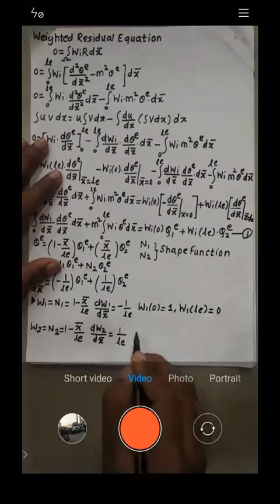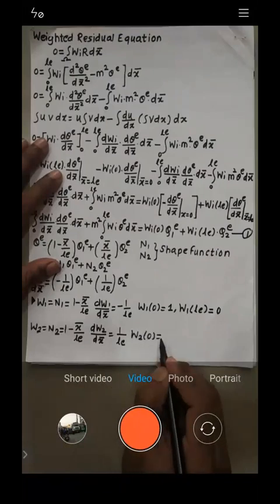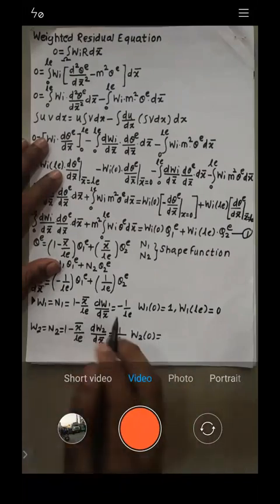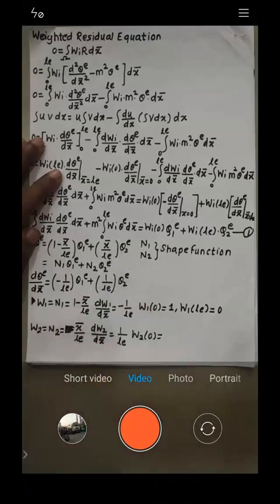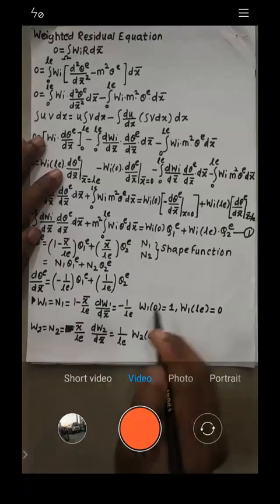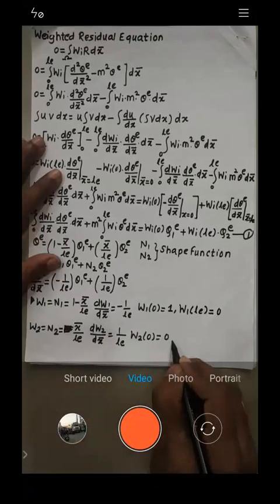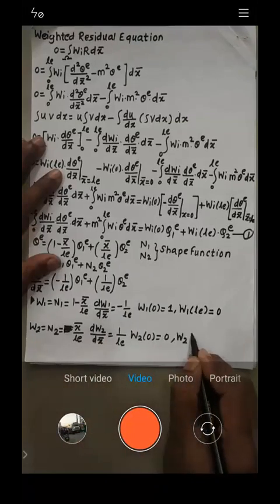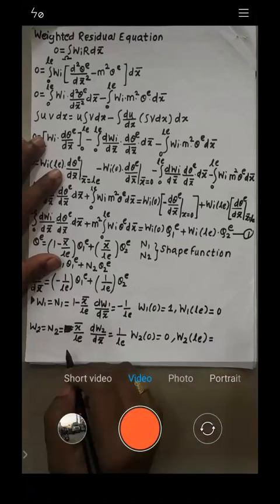Same will remain. Now the second weight function, it is only x bar by LE, so its derivative will obviously be 1 by LE. The second weight function when x bar is 0 is 0, and when x bar is equal to LE it is 1.